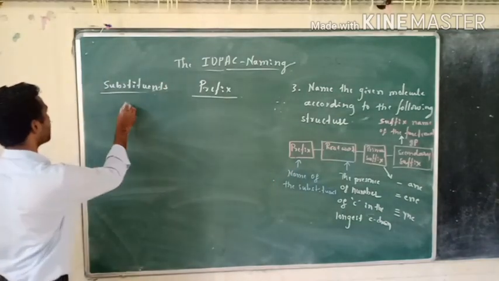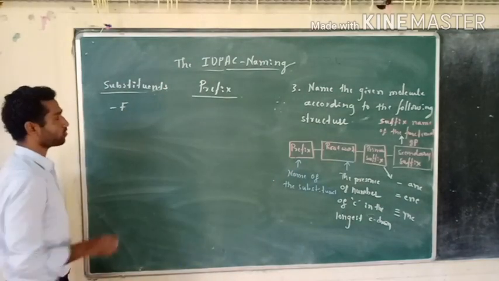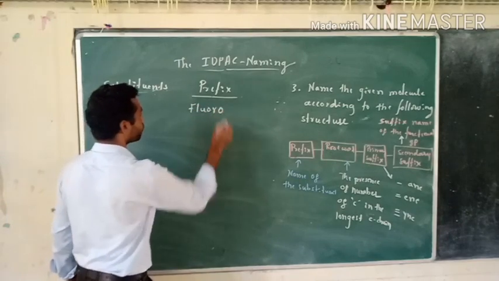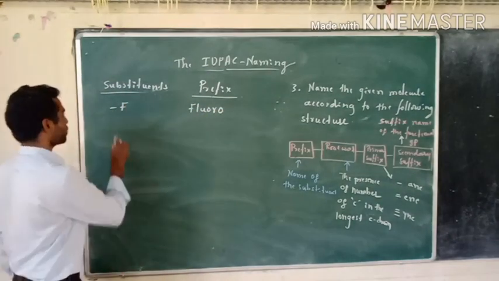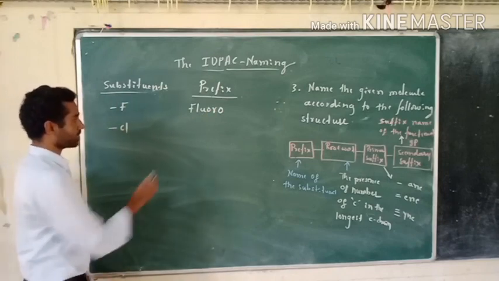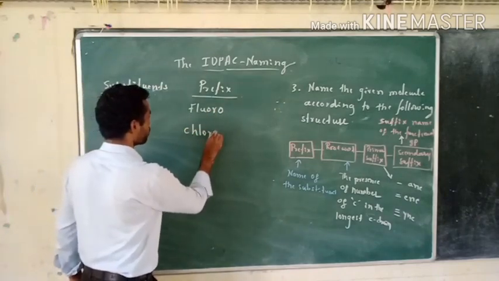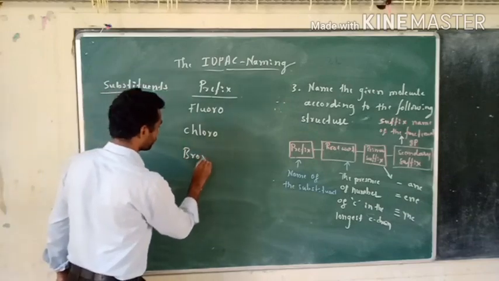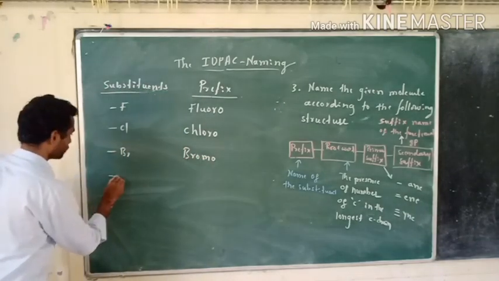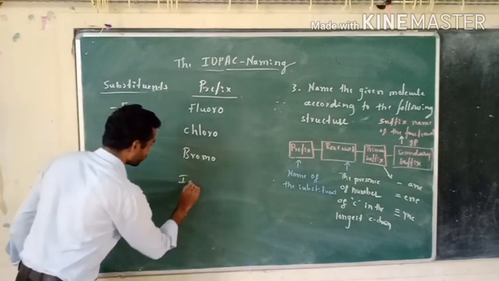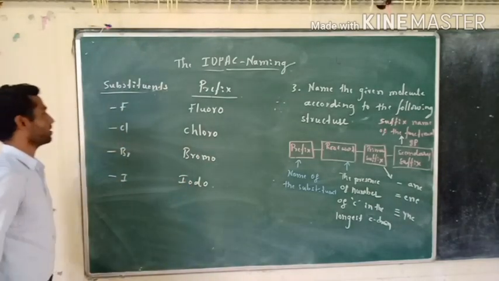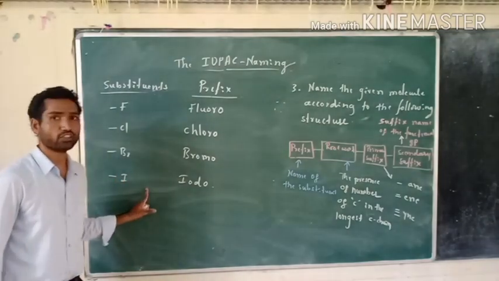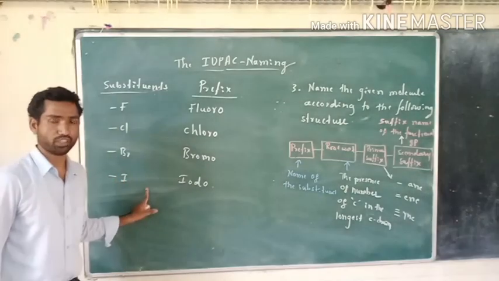So if F is the substituent, we use fluoro. If Cl is the substituent, chloro. Br, bromo, and iodine, iodo. So these are the substituents and prefixes that we have to use while naming the molecule.